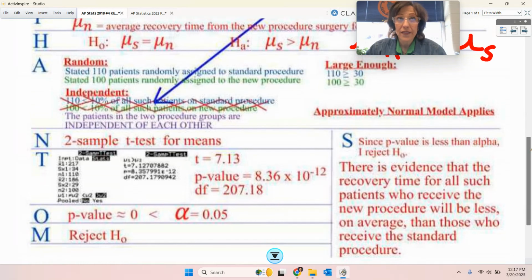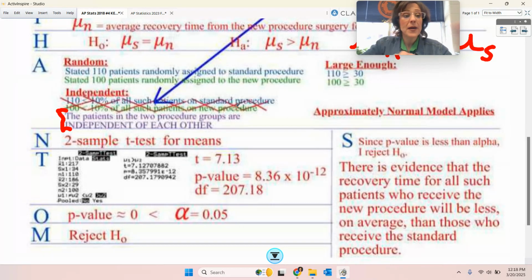And with that being volunteers, then that's less than 10% of all people who could do this? So that 10% thought process doesn't really make sense in the real world. So that's when we're allowed to leave it off, okay? It matters if we're going to sample without replacement. But this is still important.